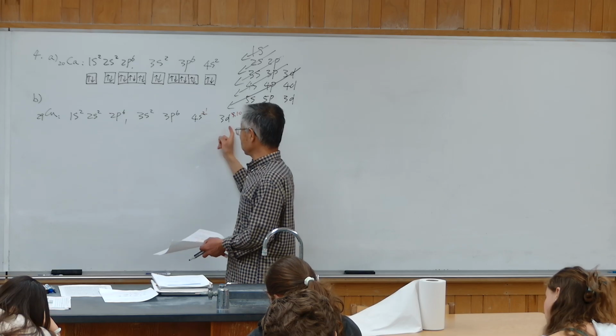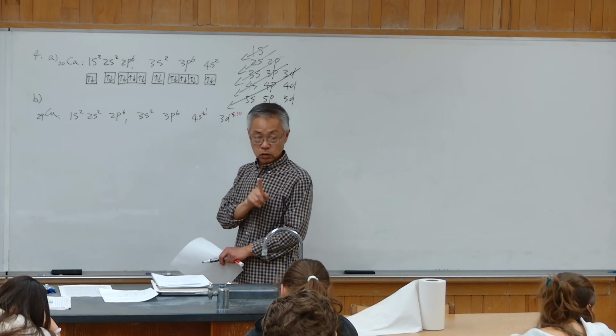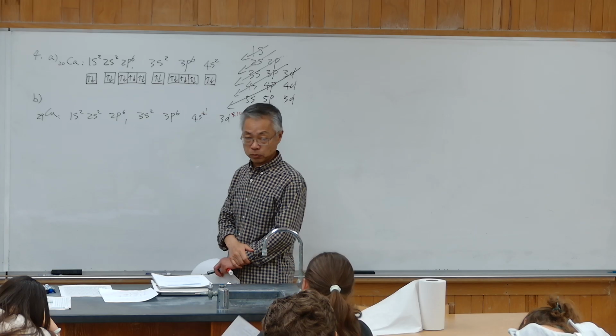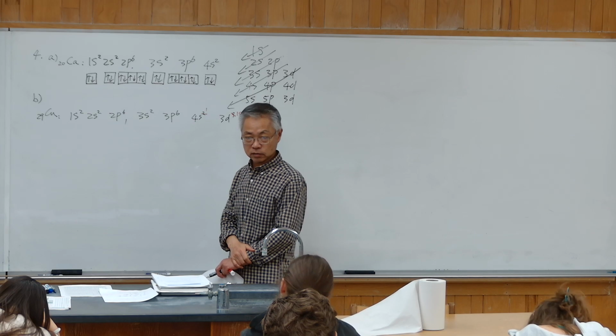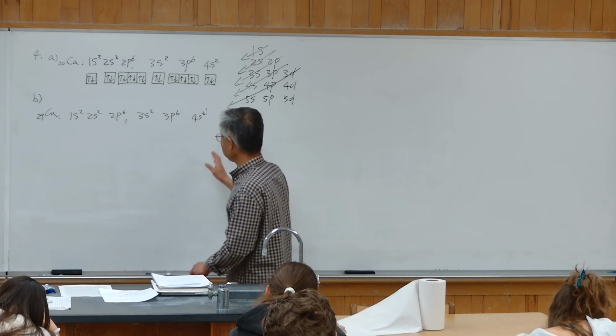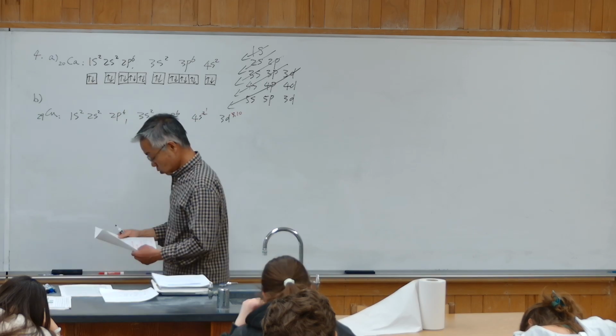This extra electron comes from its neighbor s orbital. Again, this rule only applies to d orbitals, not to p orbitals. So we never say p5 becomes p6. Only applies to d orbitals. The full-filled is more stable.